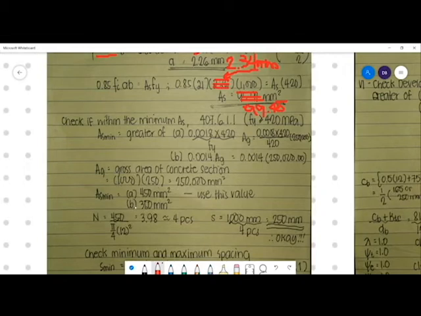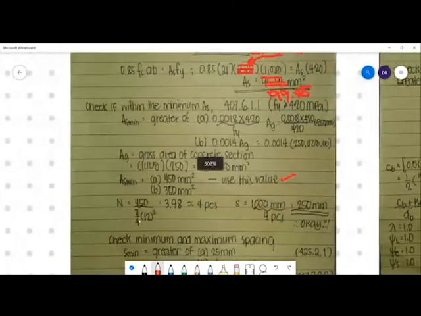The As min for formula A is 450 millimeters squared and for B is 350. So understood that formula A will govern.